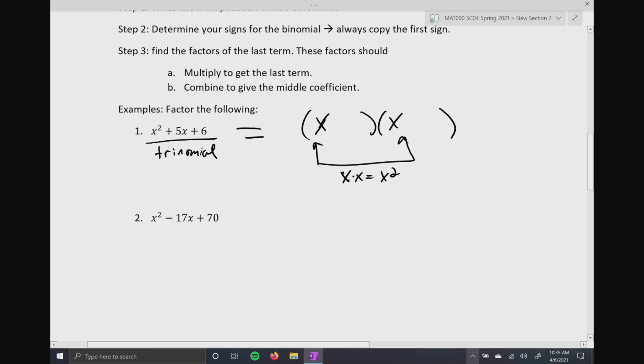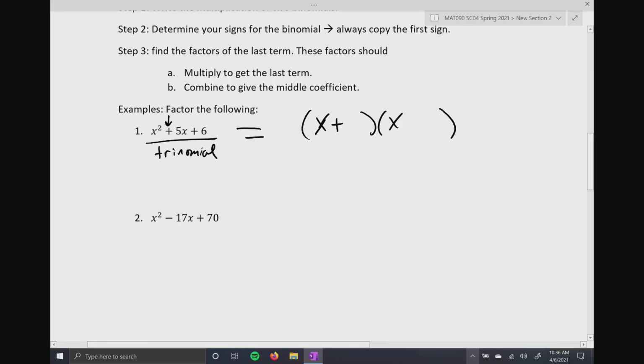Does that make sense so far? So there's step 1. For this section, step 1 is always going to be the same. Two sets of parentheses, put x's. Okay? Step 2, always copy that first sign. Since it's positive, I'm going to make it positive.